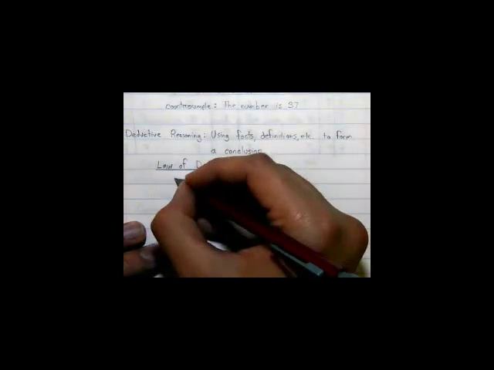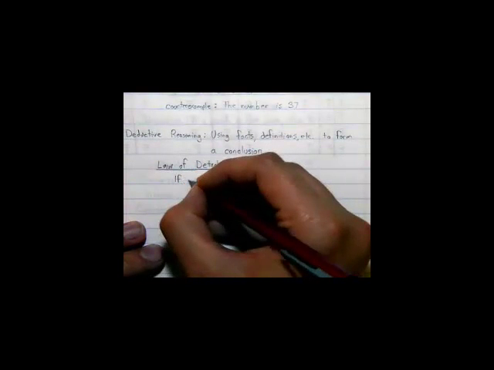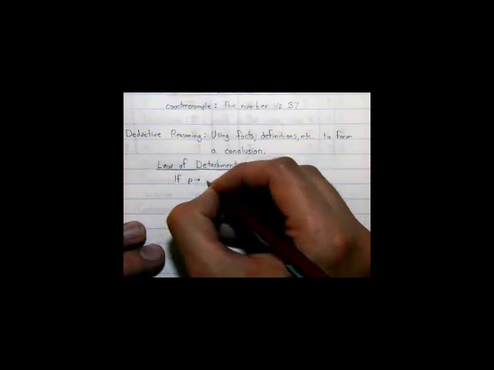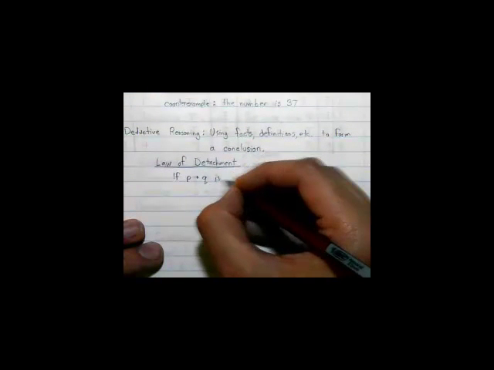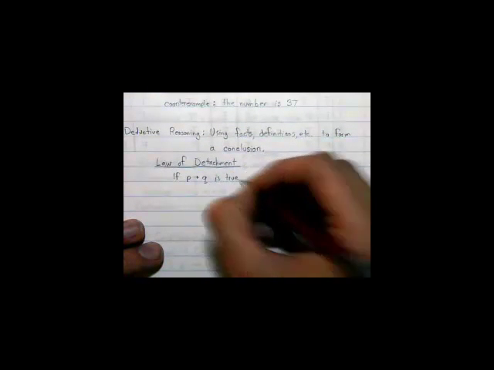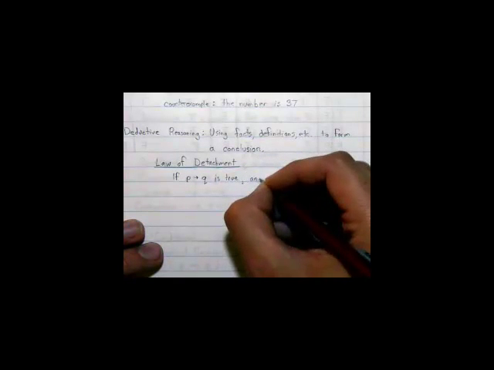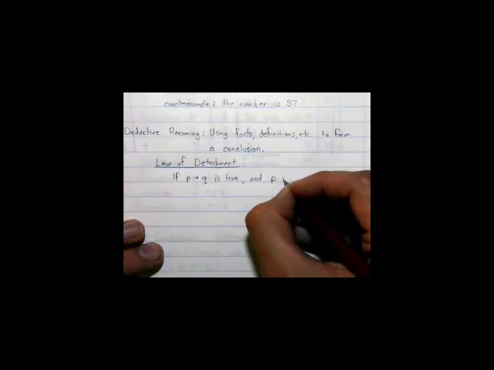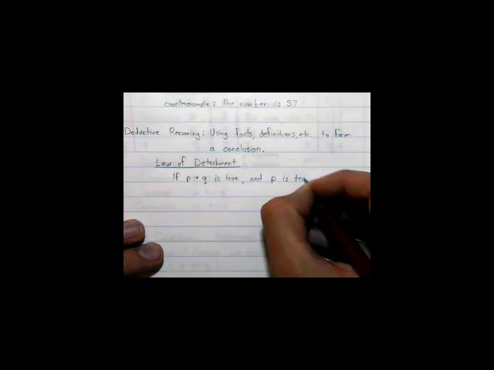Okay, so the law of detachment says this. P implies Q is true. So I have some conditional I know is true. And P is true.